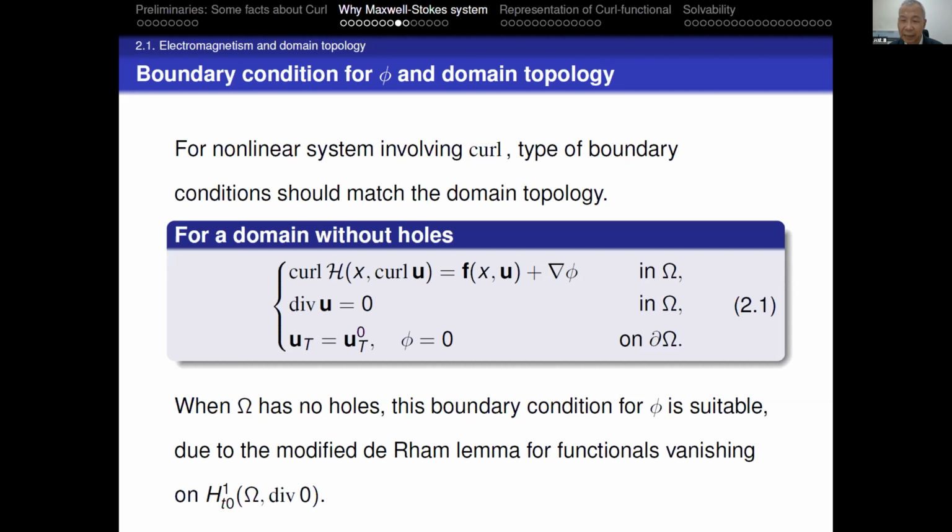And this is not the same as the Navier-Stokes equation. For example, if the domain has no holes, then it's okay to assign the Dirichlet boundary condition, let phi equal 0. And we will show later that due to the modified de Rham lemma, we are able to solve this kind of problem.